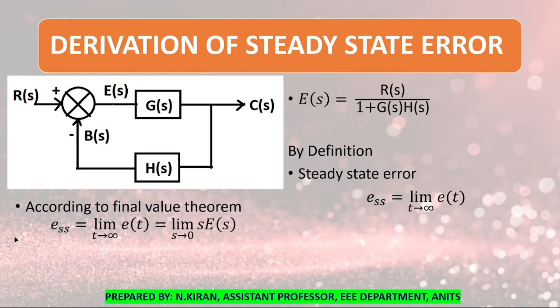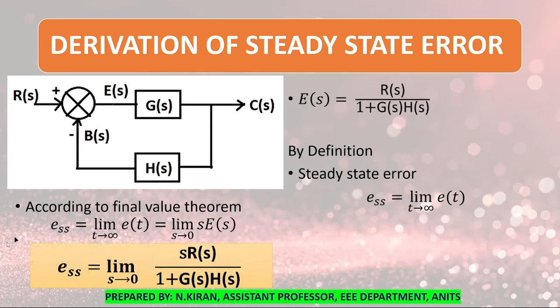We already know the expression of E(s). So if I find the expression of steady state error, it is nothing but ESS is equal to limit s tends to 0 s into R(s) by 1 plus G(s) into H(s). So this is the expression for steady state error.